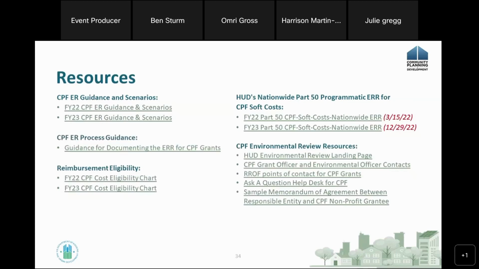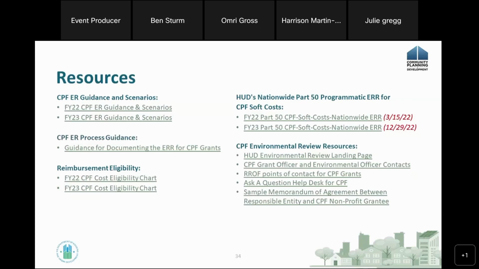Starting with the top left, the CPF Environmental Review Guidance and Scenarios is the most inclusive CPF Environmental Review Guidance document and serves as a one-stop shop resource for general CPF Environmental Review guidance.